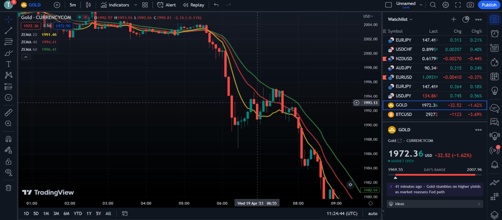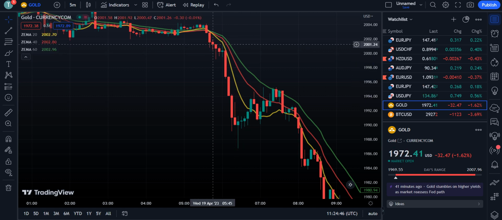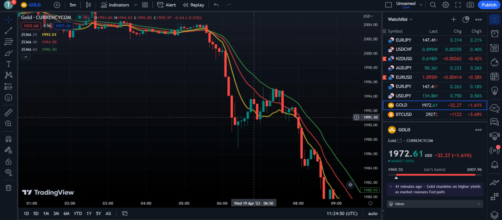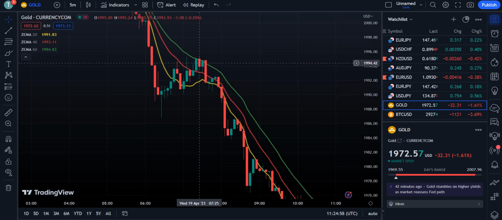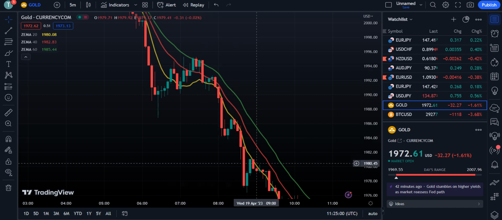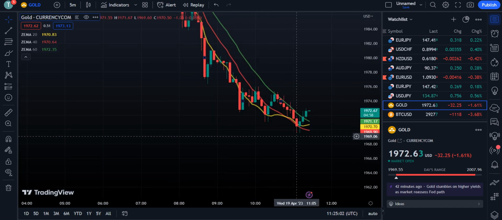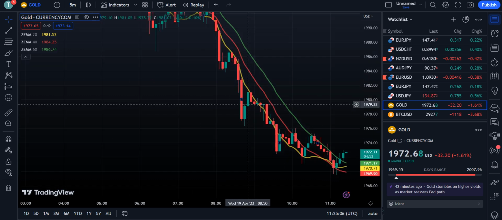It means this is the sell trend. So when two candles are formed below this yellow color EMA, you can enter into the market for the sell signal. From here till here it was totally bearish, and then for some time it went up, but afterwards again it was a bearish trend, and totally till here we have taken the profit in 5 minutes time frame.